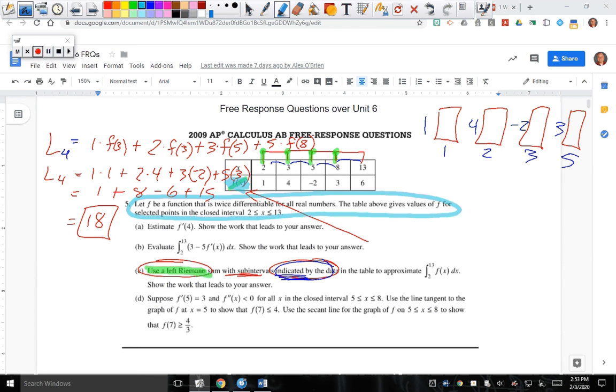Let's say you were given f prime of x right here, and the units were like feet per second. Then what would my answer equal? Feet per second? No, feet. Because you would integrate up, and remember, 1 up is feet, and 1 down would be what?